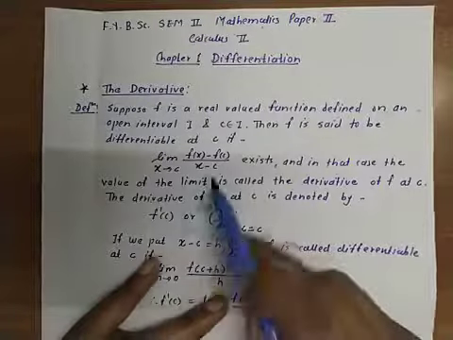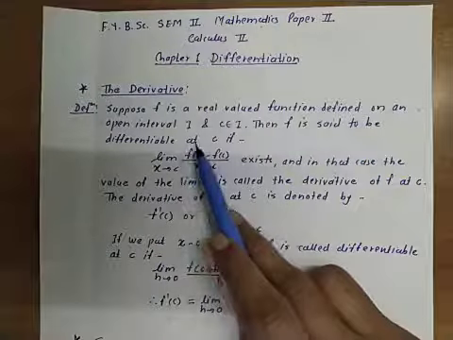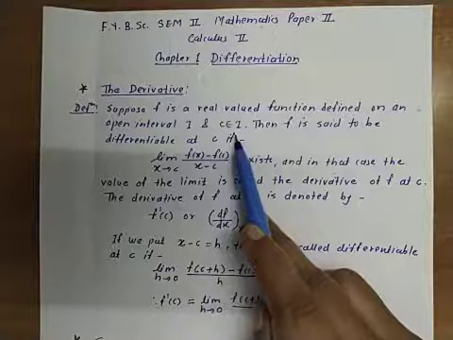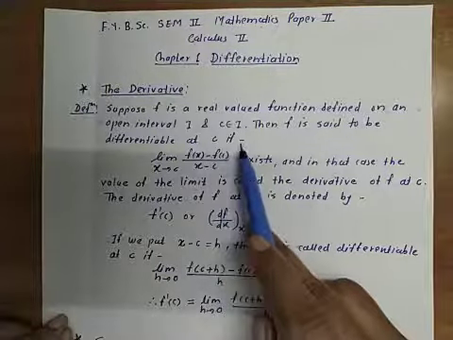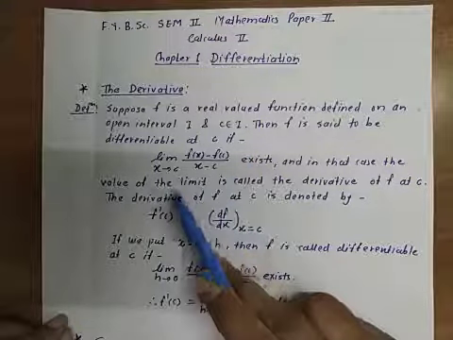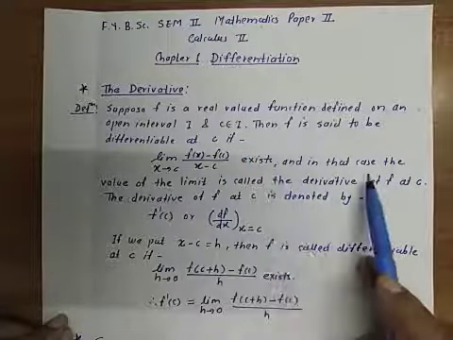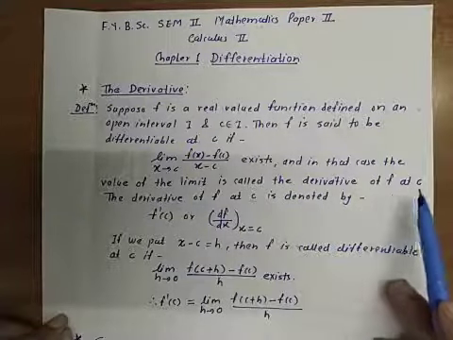Now suppose f is a real valued function defined on an interval I, and suppose c is any point of I. Then f is said to be differentiable at the point c if the limit of f(x) minus f(c) upon x minus c as x tends to c exists, and in that case the value of the limit is called the derivative of f at c.